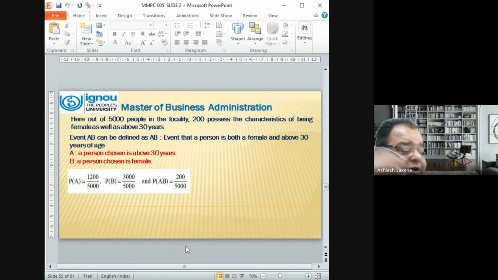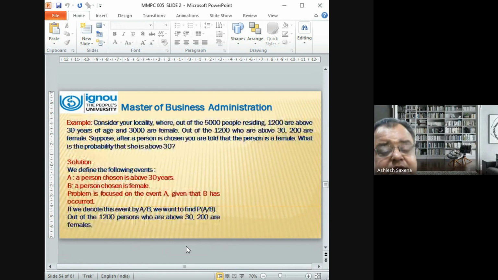Is that clear or not? क्वेश्चन आपको दोबारा दिखा देते हैं, देखिए.